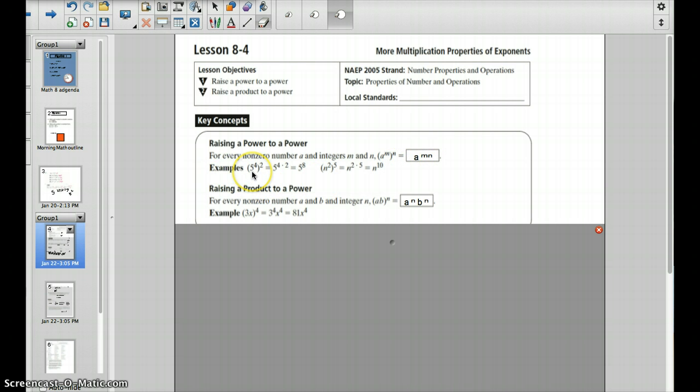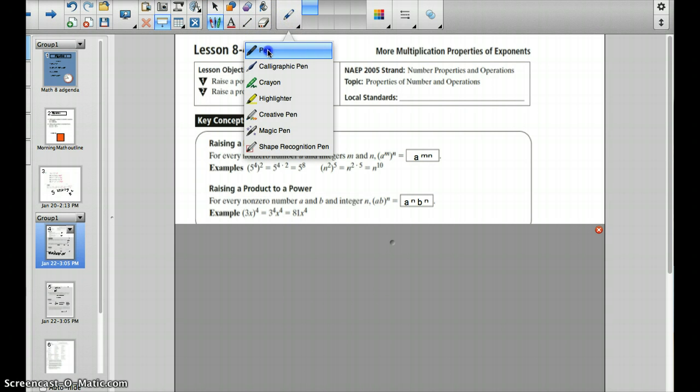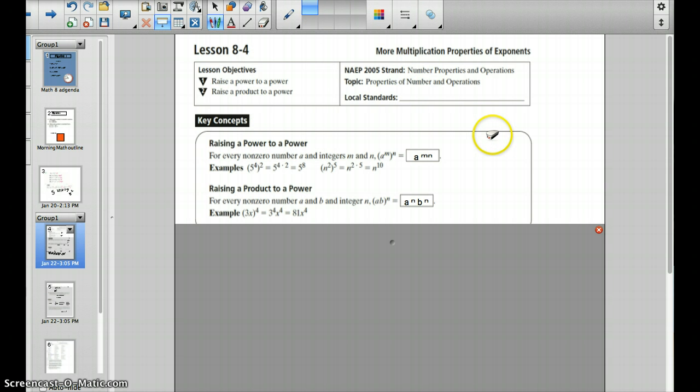If we look at the example here, we have 5 to the 4th, quantity squared, means 5 to the 4 times 2, or 5 to the 8. If we imagine that we have 5 to the 4th times 5 to the 4th, that's what squared means. It's very important to watch where the parentheses are written here.